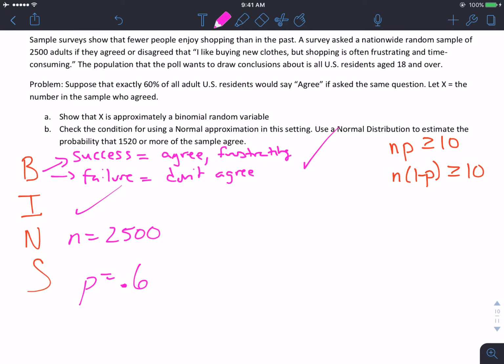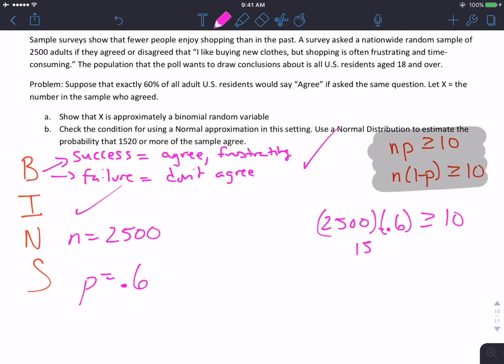The next thing we need to do is go ahead and check the large counts condition. So we need to check these conditions up here. If you do 2,500 times 0.6, is that greater than 10?